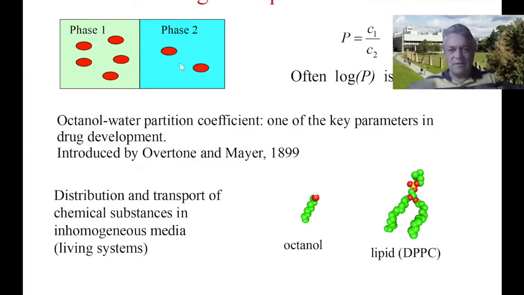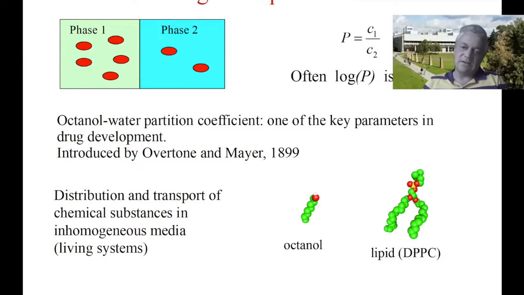This parameter describes how lipophilic or hydrophilic a substance is, whether it goes to the aqueous phase or to the lipophilic phase. And this parameter essentially determines the distribution and transport of chemical substances in a living organism.